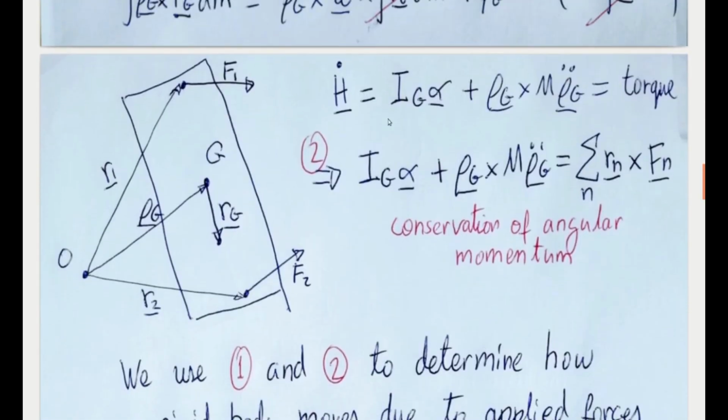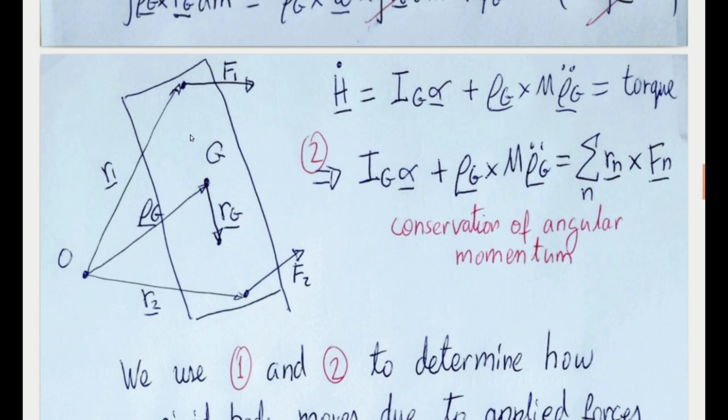So just to summarize, now we've figured out that the rate of change of angular momentum can be written in this nice compact way, and now the conservation of angular momentum says that this equals the torque, or in other words that the angular momentum only changes when you apply torque. So I've just rewritten this below. Torque, by definition, now I've used the sum to say lots of forces, is Rn, the position to where the force is.